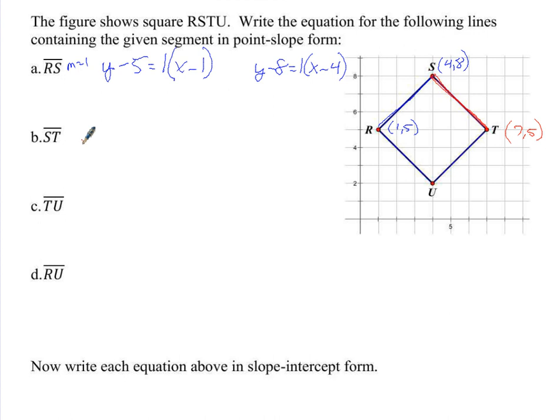What do we need? Slope is what? That line is going down from left to right. It's negative 1. Yes, I heard you. Okay, so I need an equation then. Which ordered pair do you want to use?